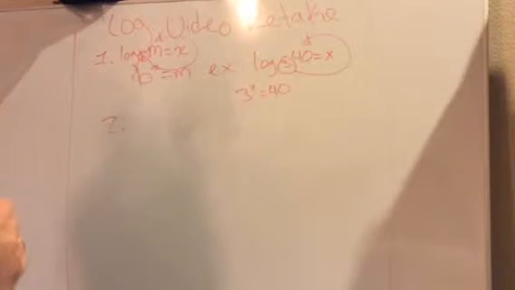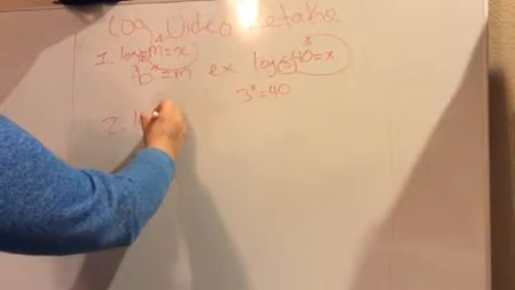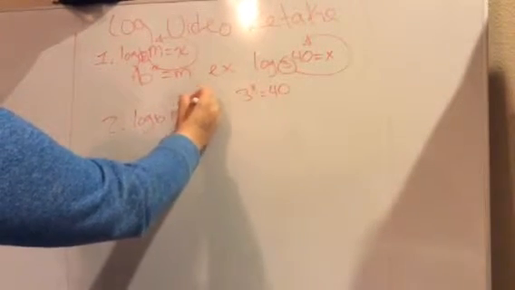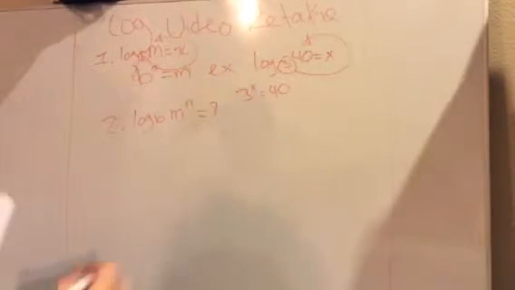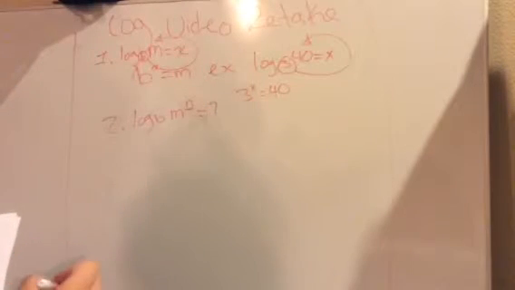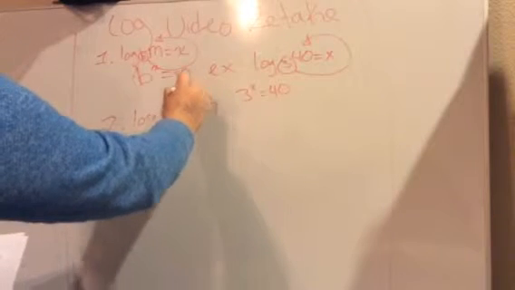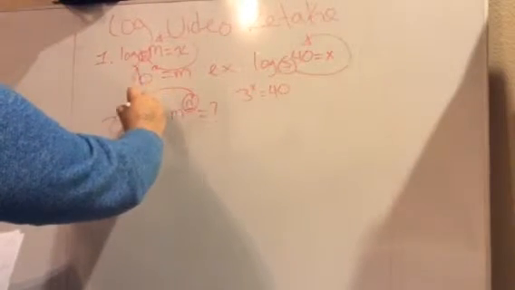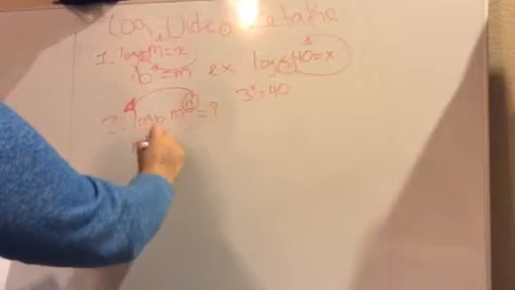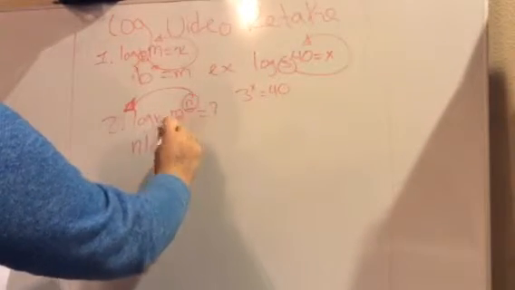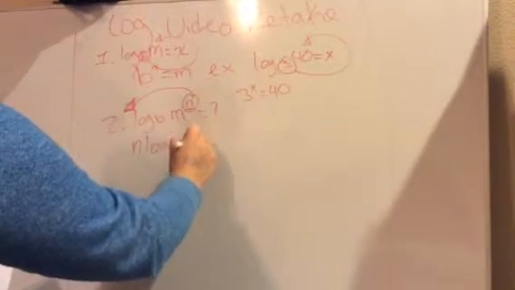Number 2 is log b of m to the power of n. So you would take n and you'd move it to the front of the equation. Like so. So it would be n log b m.